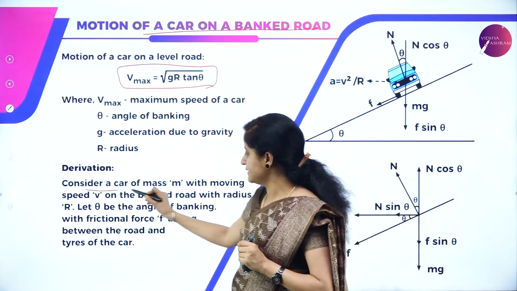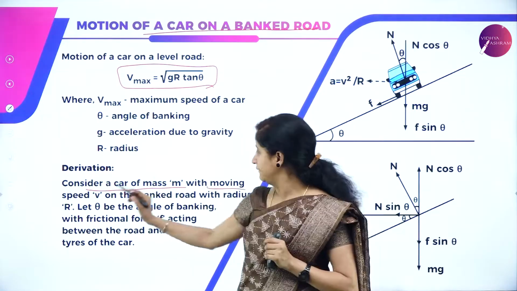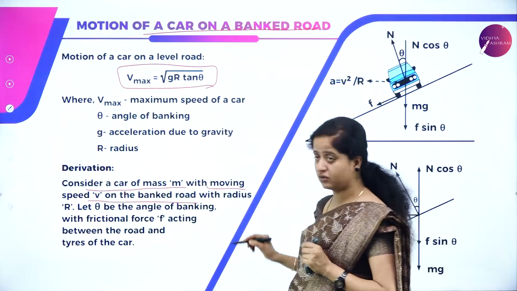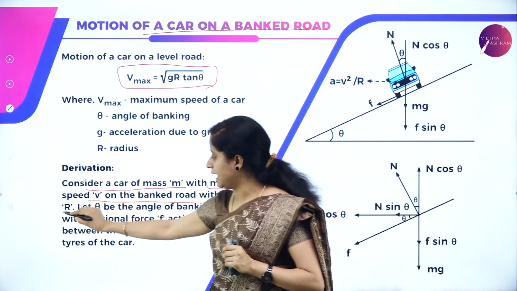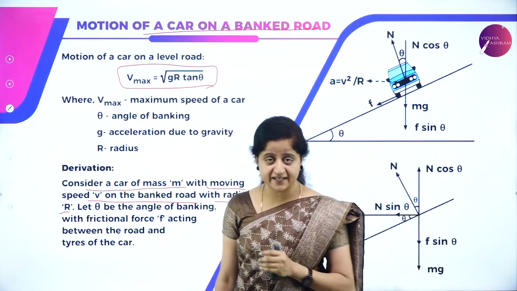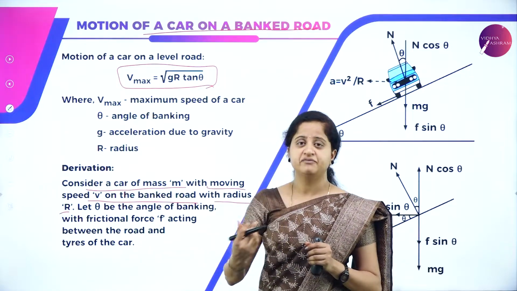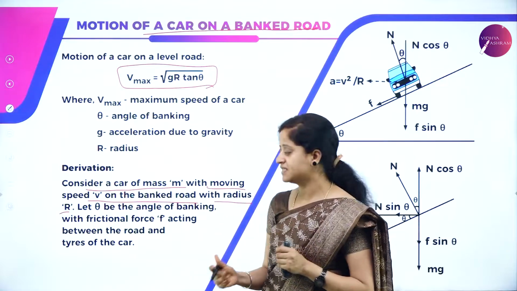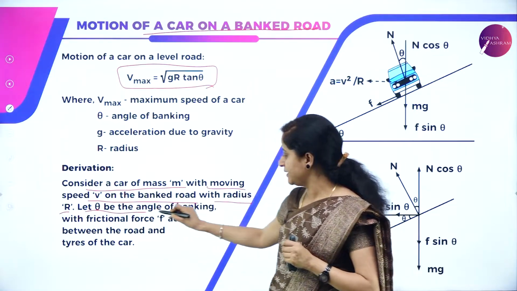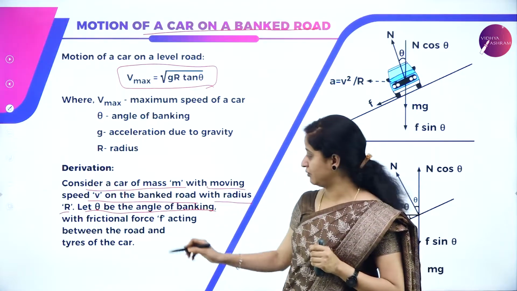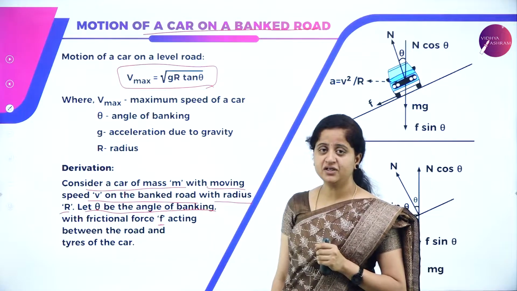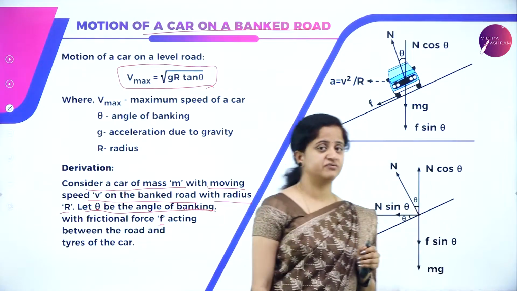For this, consider a car of mass m with moving speed v on a banked road with radius r, and theta is the angle of banking, with frictional force F acting between the road and the tires of the car.